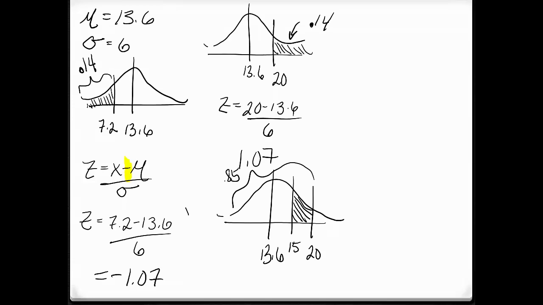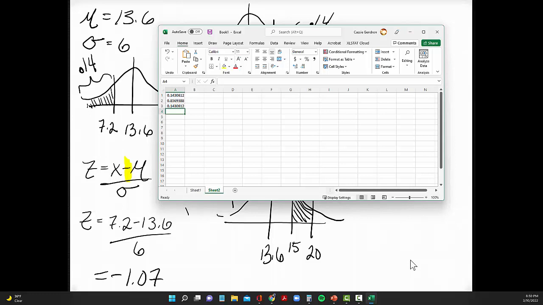So I'm going to get Excel open again, and we're going to go equals NORM.DIST for 15, mean is 13.6, standard deviation is 6, true. That gives me about 60%, but that is for 15.